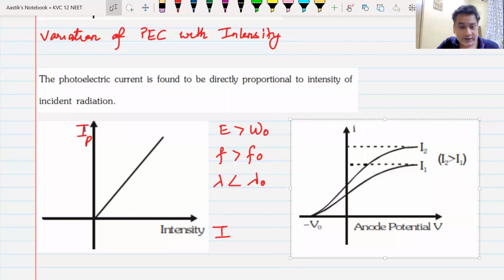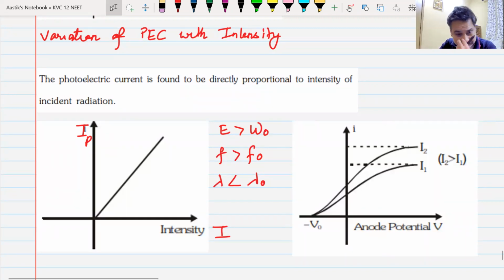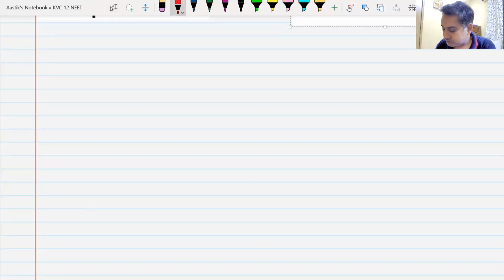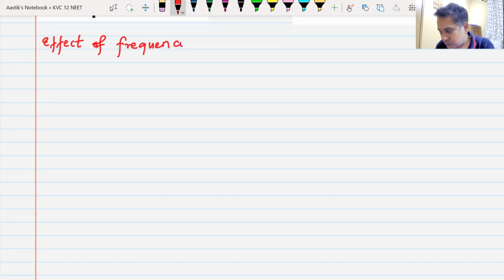We were discussing the effect of intensity on photoelectric current, and we have seen this graph. Now the next thing is, since we talk about frequency, let us move on to that. So, effect of frequency. In bracket, I will write energy of radiation, so that we understand frequency refers to energy of radiation.